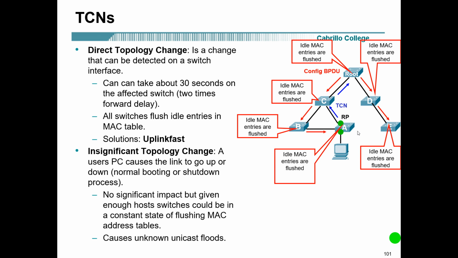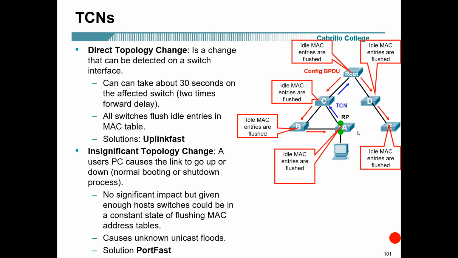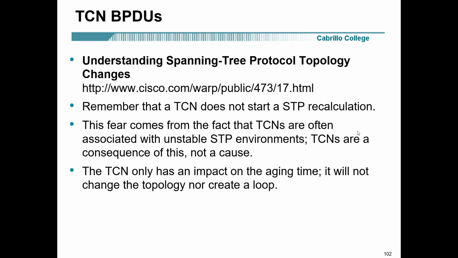So it would be a constant idle MAC address flush, a lot of resources. Sorry, our solution for that would be port fast. We're going to be talking about uplink fast, port fast, and backbone fast here shortly.